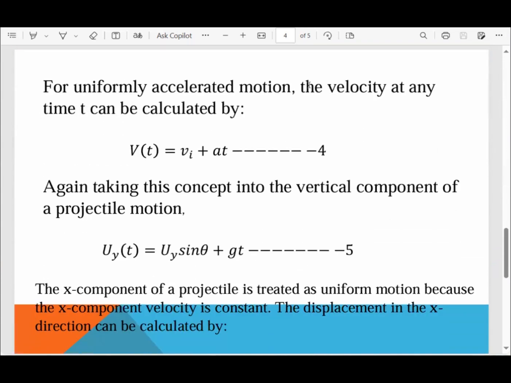Again, for uniformly accelerated motion, the final velocity at any time t can be calculated by v initial plus a times t. Again, taking this concept into the vertical component of a projectile motion, the final velocity of the projectile along y component can be calculated by u sine of theta plus g t.